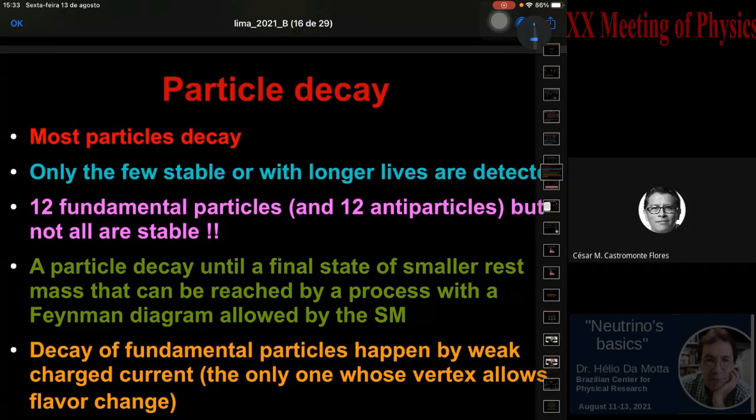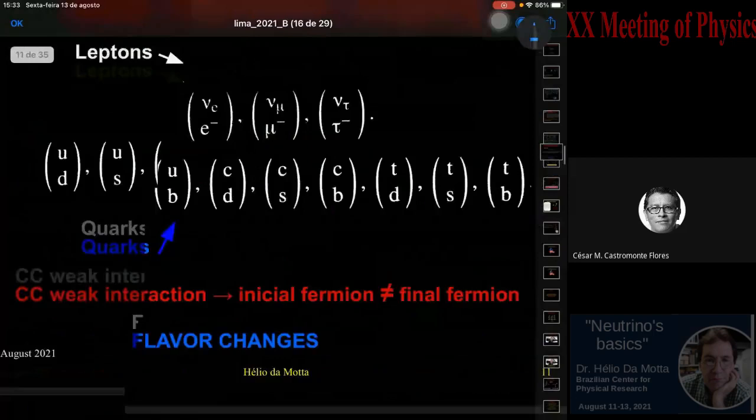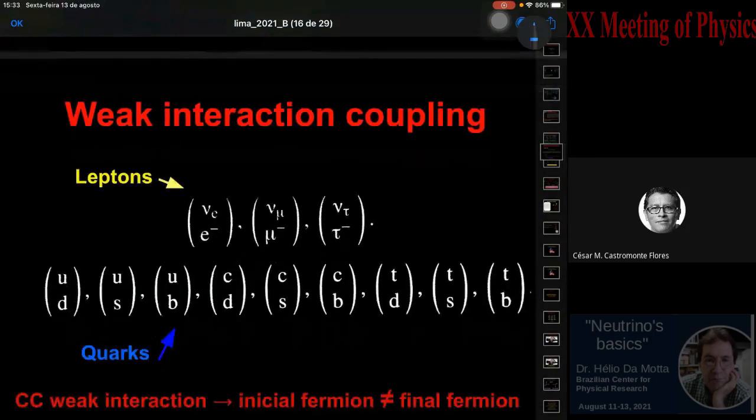Okay, so most of the particles will decay, because most of the particles are, say, excited states. They look a lot like the ones that are below them. The quark U and quark C look a lot like each other, but their masses are different. Some have a much higher mass, as we saw here.